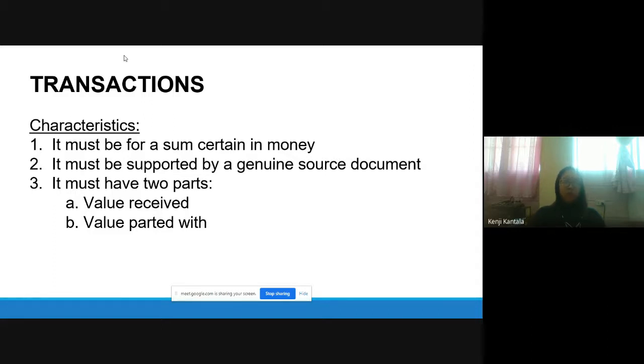So for example, you had an inventory delivered in your business. So syempre, pag may inventory, pag may dineliver sa'yo, kailangan mo bayaran yung inventory na yun. So, magbibigay ka ng pera. And that is for a certain amount. So, it means there is money involved or there is value in that transaction.